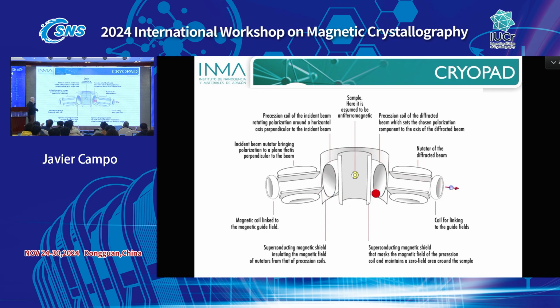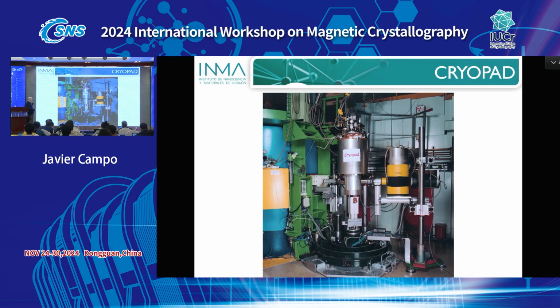And in this area, the magnetic field is zero in order to avoid any change of the polarization after the interaction with the sample. Okay? That means that we are able to put polarization in one direction and to measure polarization in a cross direction. That means that it allows us to measure DXY or other cross components. This is a cryopad in D3 at ILL.